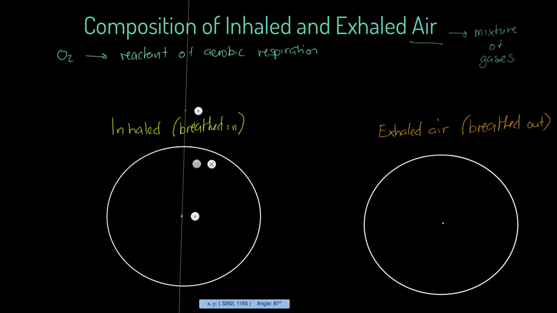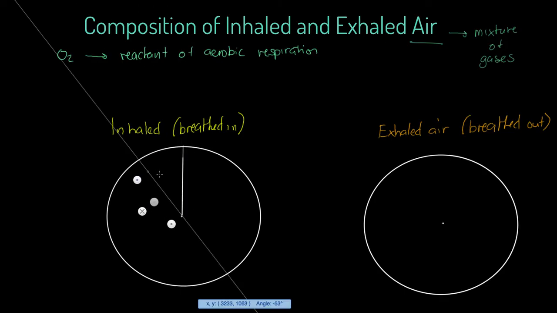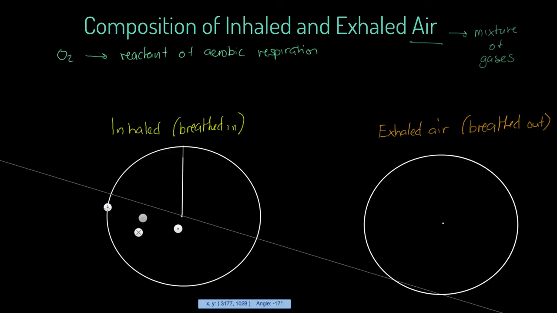I'm first of all going to point this straight to 12 o'clock, okay? And the first gas from the mixture of gases I want to introduce you to is nitrogen. Now, how much nitrogen do you reckon is in the air that we breathe in? What would your thinking be?